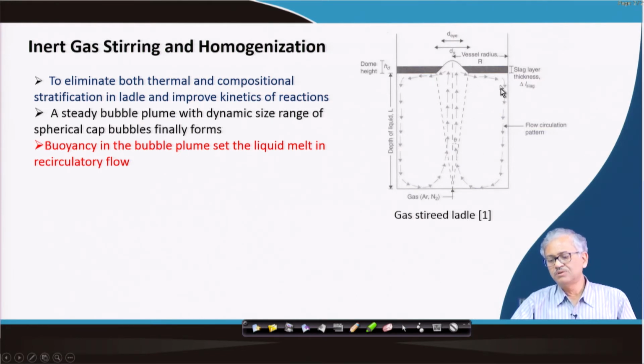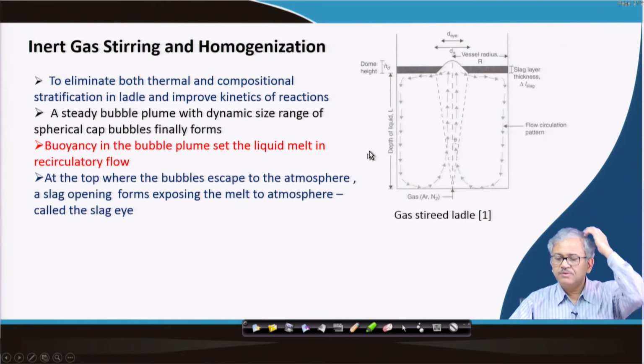This type of recirculatory flow pattern is set up in the bath. It is basically the buoyancy of the bubbles that transfers the energy. This buoyancy is the source of energy, or the potential energy, by which the liquid is set into a recirculatory motion like this.